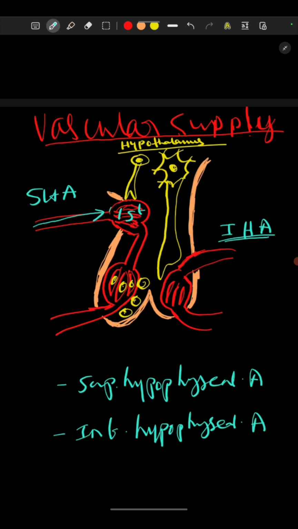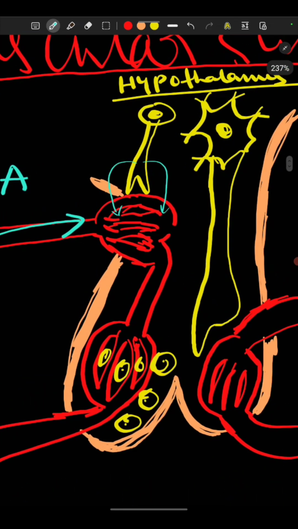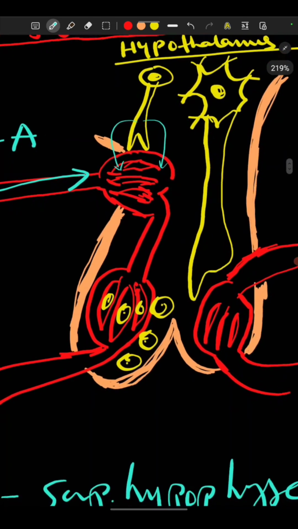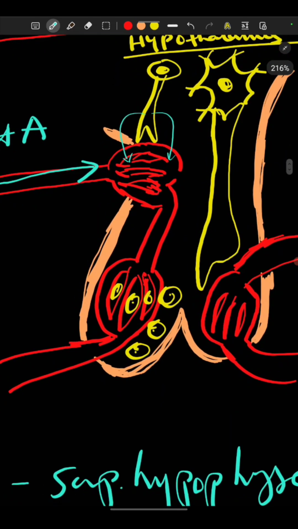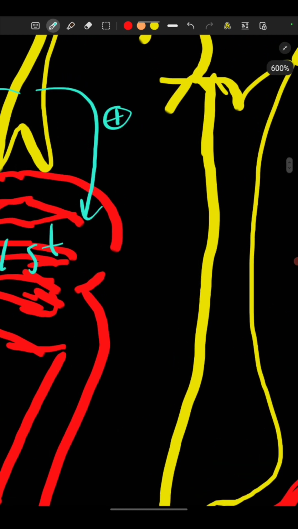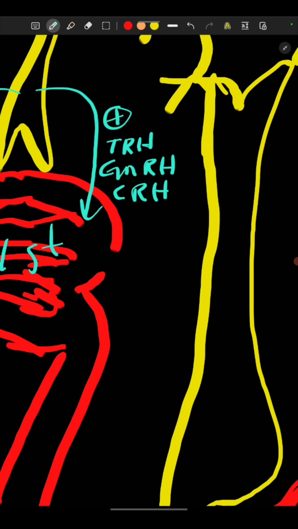In the first loop, the neurons from the hypothalamus secrete their contents into the first capillary loop. The contents may be stimulatory or inhibitory. Stimulatory means thyroid releasing hormone, gonadotropin releasing hormone, corticotropin releasing hormone, growth hormone releasing hormone.